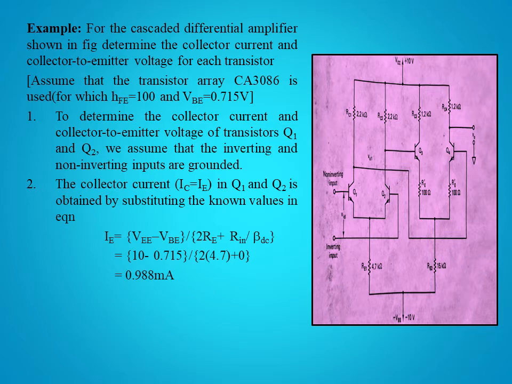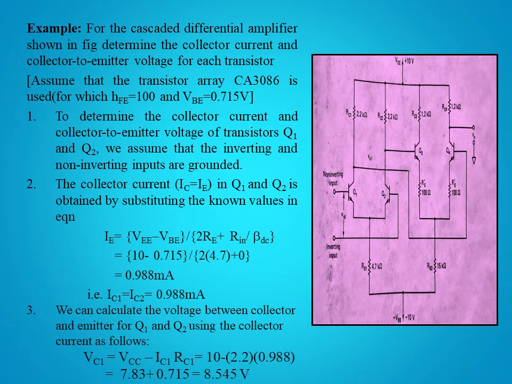If we put in the respective values, we get IE approximately 0.988 milliamperes. Now, because both the two stages are identical, both the emitter currents will be equal, and because both the emitter currents are approximately equal to the collector current, IC1 and IC2 will be approximately 0.988 milliamperes.